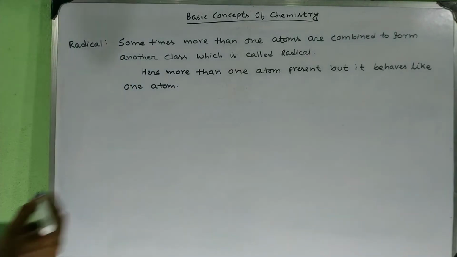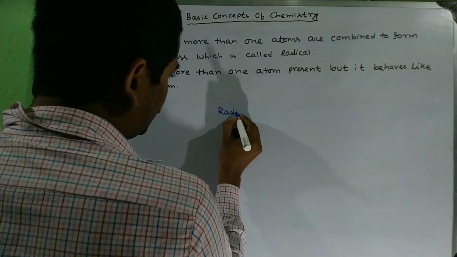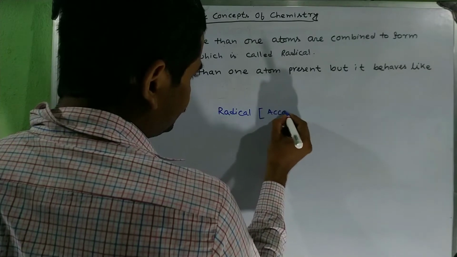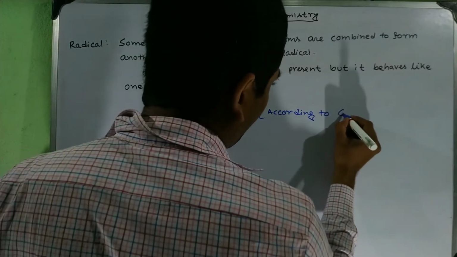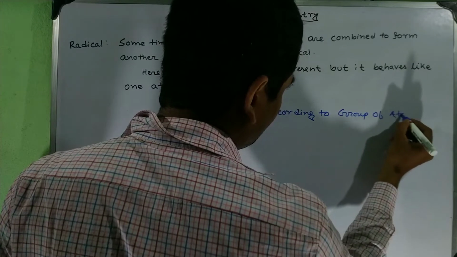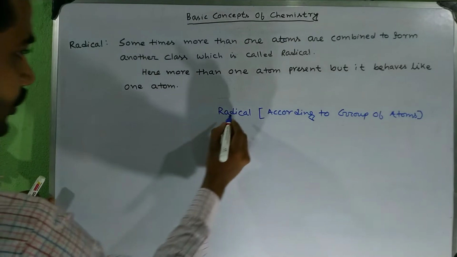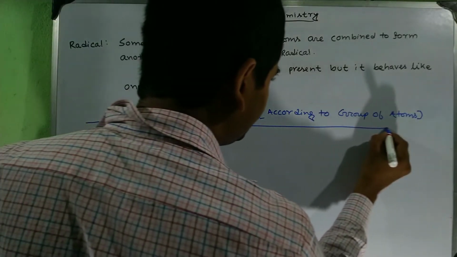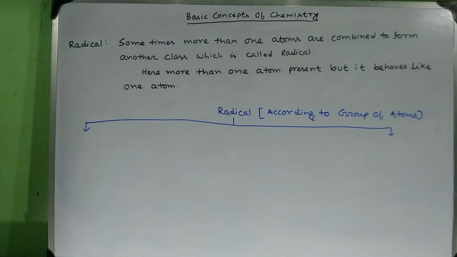Clear? Radicals are also classified according to group of atoms. What is the classification of group of atoms?